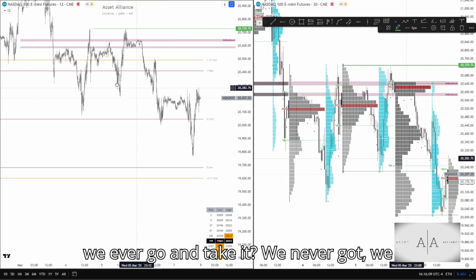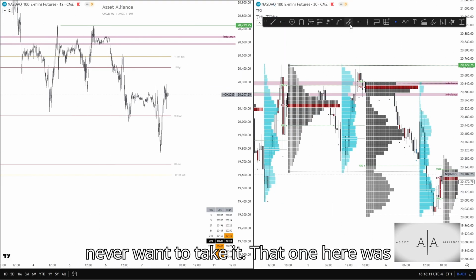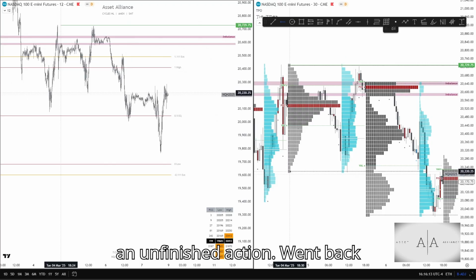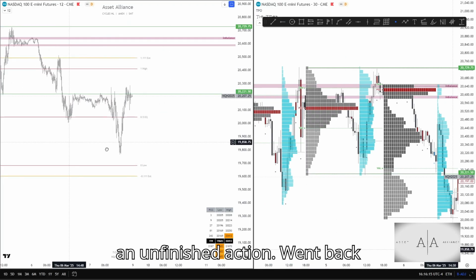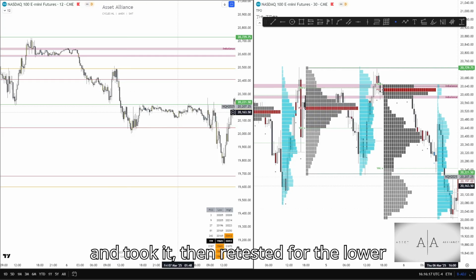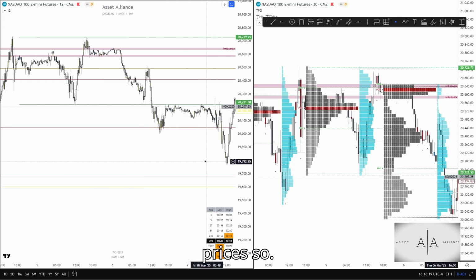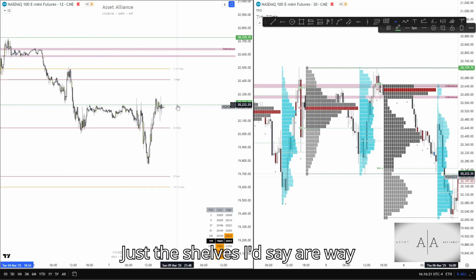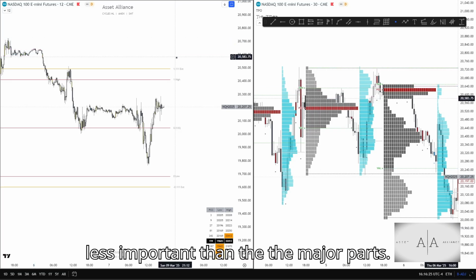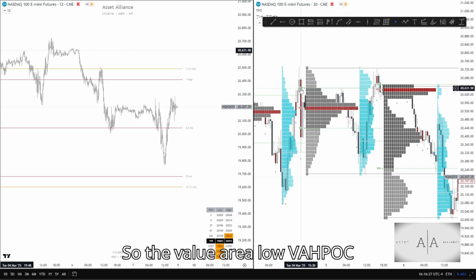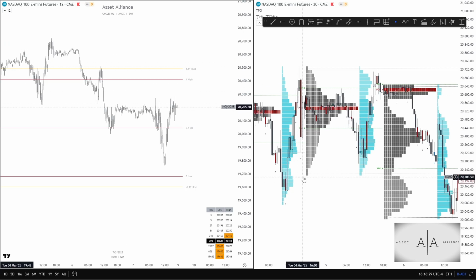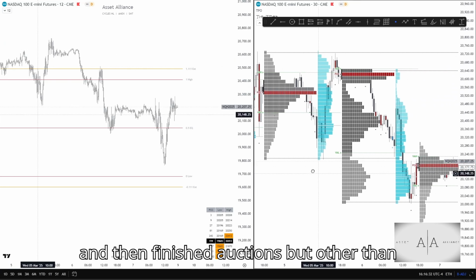Did we ever go and take it? We never went and took it. That one here was an unfinished auction. It went back and took it, then retested for then lower prices. So the shelves, I'd say, are way less important than the major parts: the value area low, VAH, POC, and the unfinished auctions. But other than that, that's pretty much it.